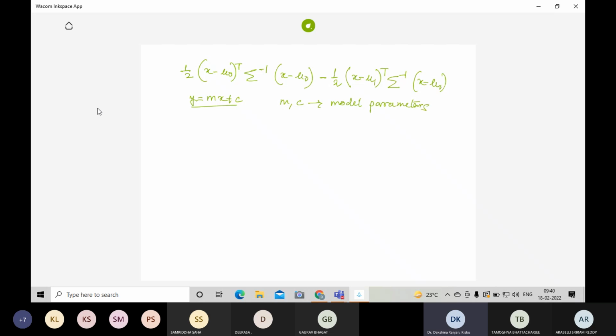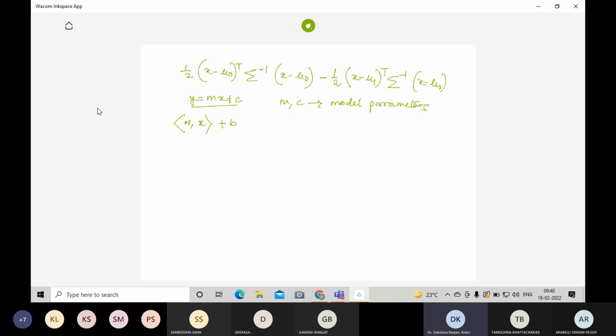Similar to this linear regression convention, we can find another form, w comma x plus b.